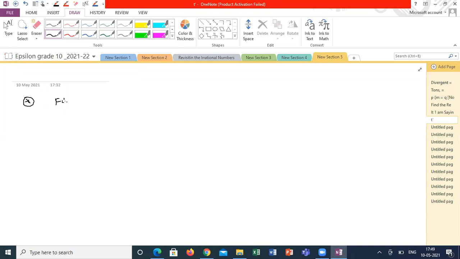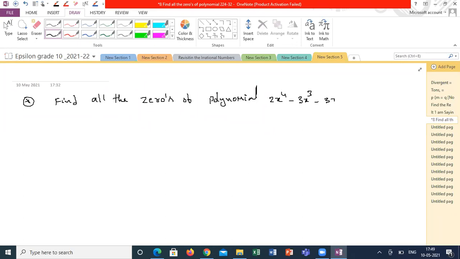So, find all the zeros of the polynomial 2x power 4 minus 3x cube minus 3x square plus 6x minus 2, if we know two of its zeros.